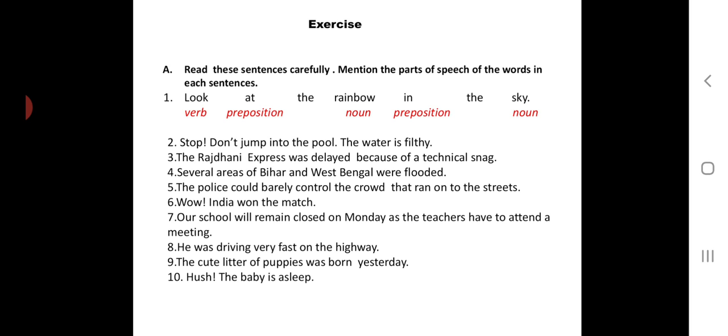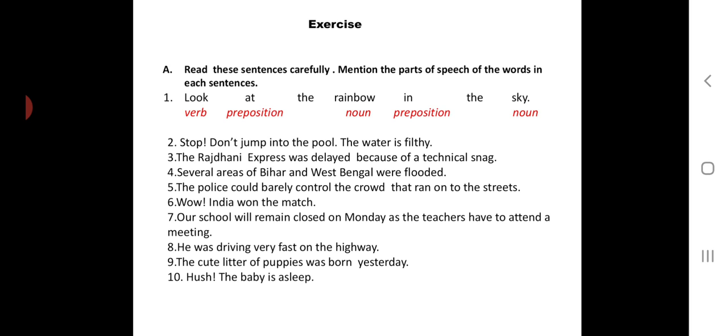So children, make a table with 8 columns like the one I showed you in the recap portion, with all parts of speech written on top. Then read the sentence and put the correct word under the particular column.